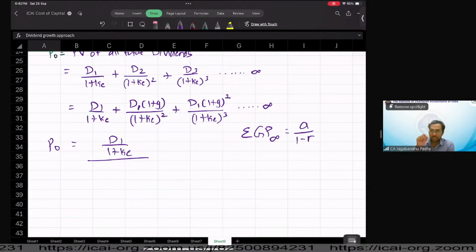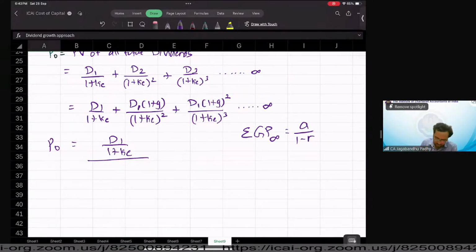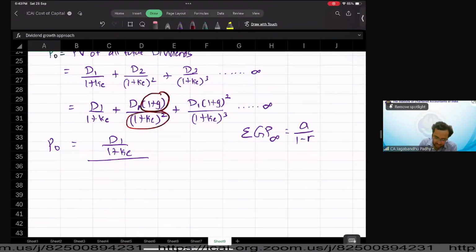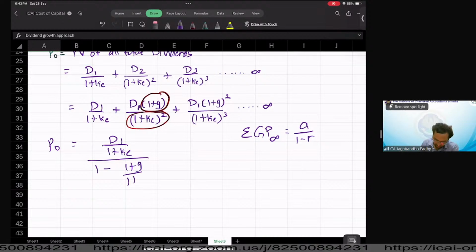What is getting multiplied every time, expression after expression? It is 1 plus G upon 1 plus K getting multiplied again and again. So the multiple is (1 plus G) upon (1 plus K).